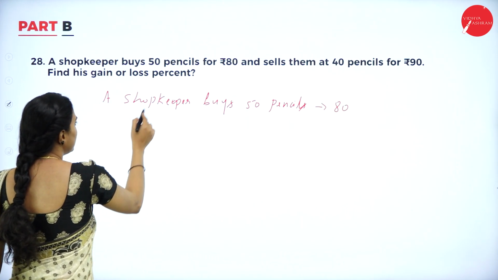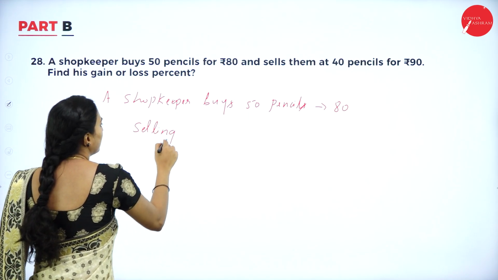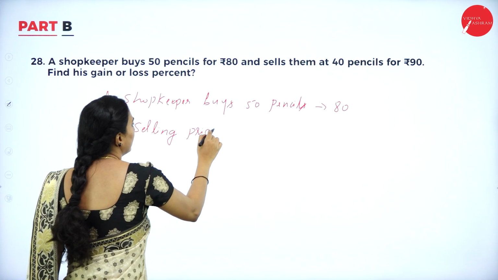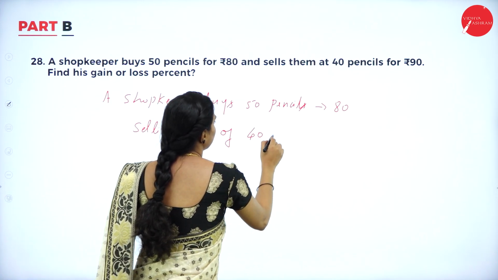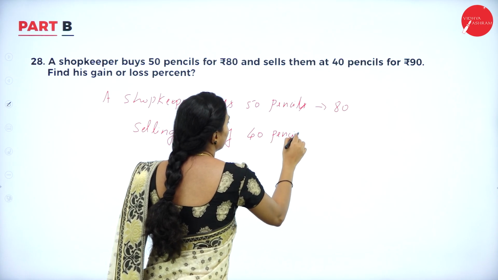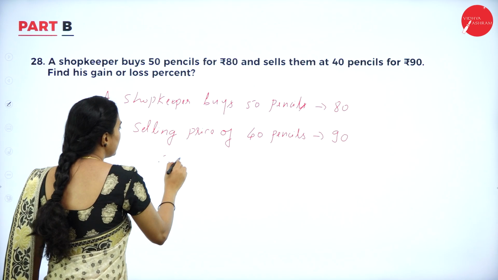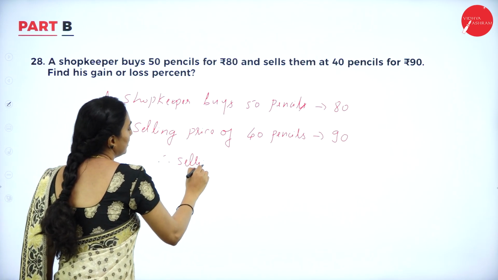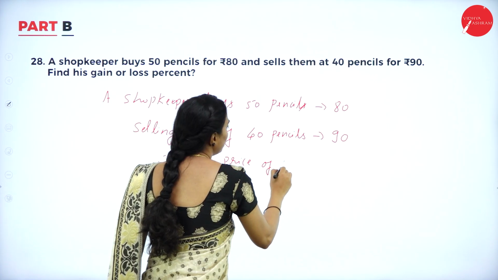And then selling price of 40 pencils is rupees 90. Therefore, selling price of unit pencil.